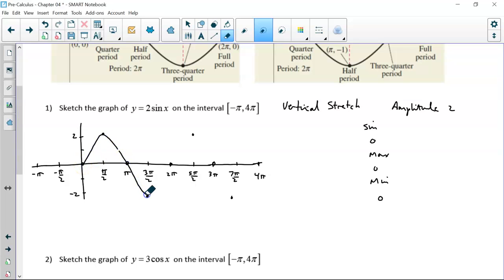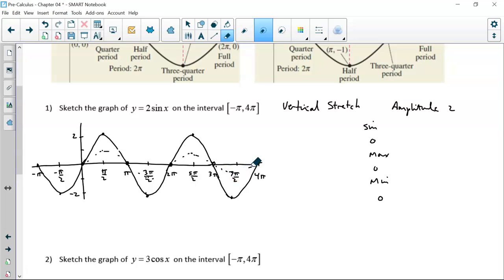Then I go max, 0, min, 0. And its sketch looks like this. Here's one period. And now this would be a second period after that. That's 2 periods. And I can even go backwards. Just going to follow the same, but I go backwards. So I'm going to be at my minimum and then back to 0. That's what this graph would look like between those 2 points. And you can see if I were to sketch just sine of x, you can see it's stretched out vertically.